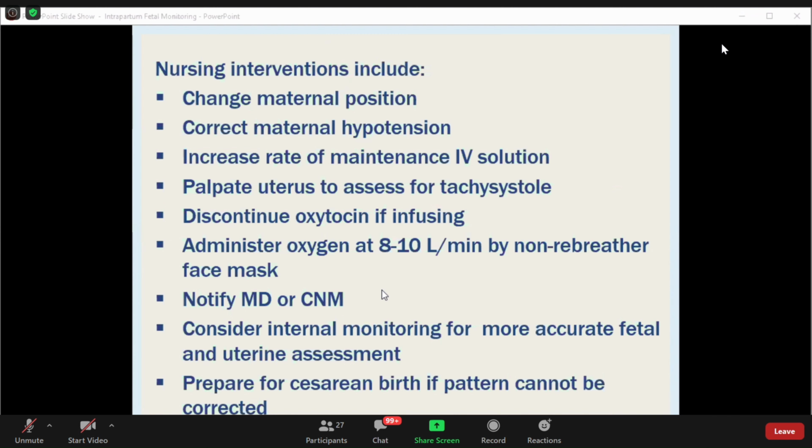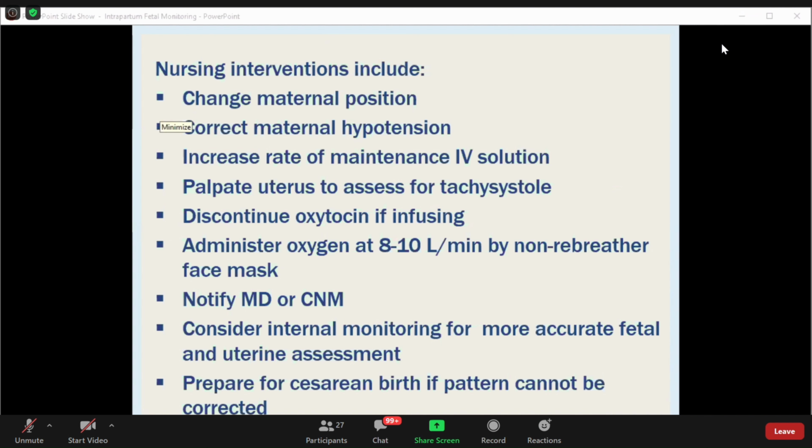What position? I'm going to ask you to put in the chat box, what position are we moving this mom to? What's your optimal position? Ideally, where do you want to put her? Put it in the chat box, please. Left lateral recumbent position is going to optimize perfusion to the placenta.